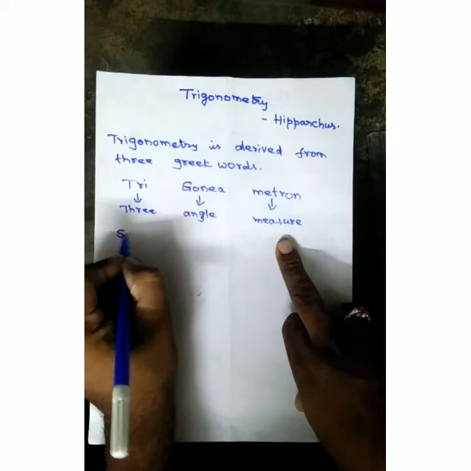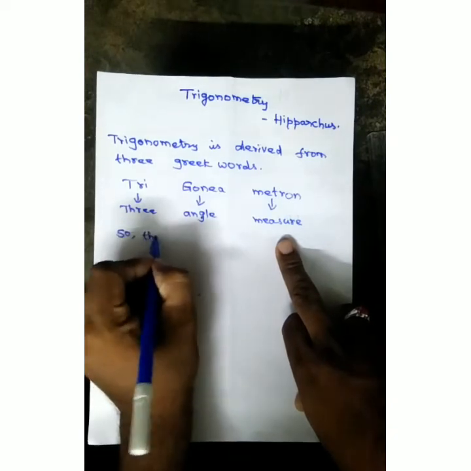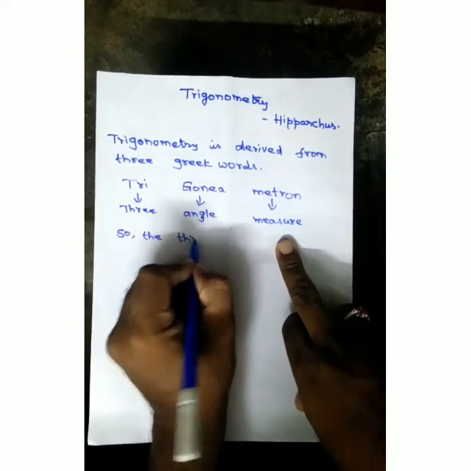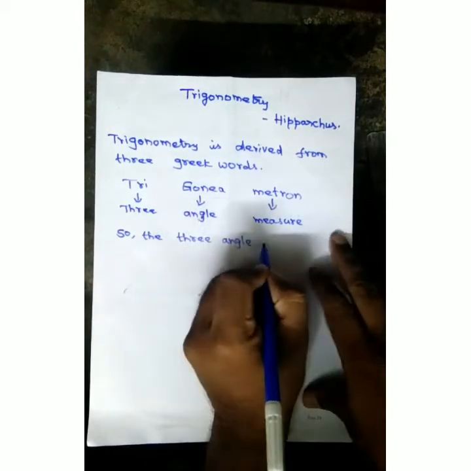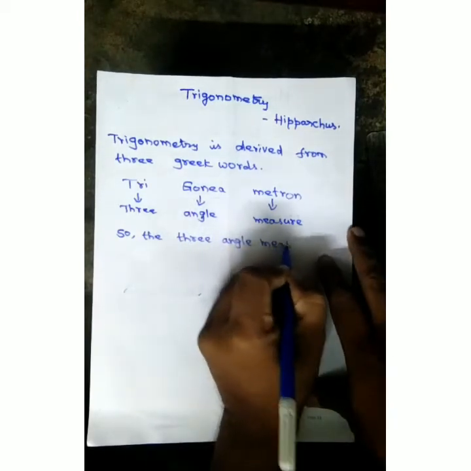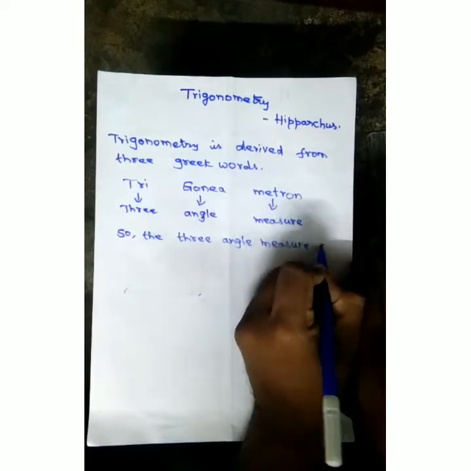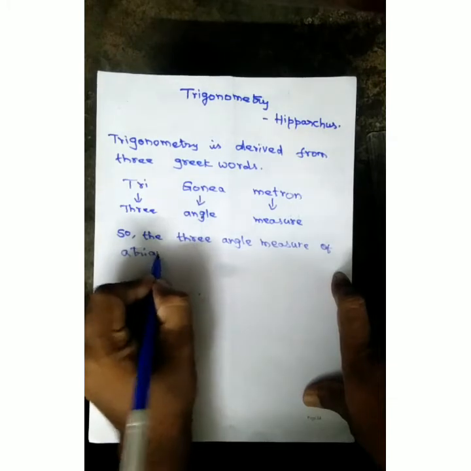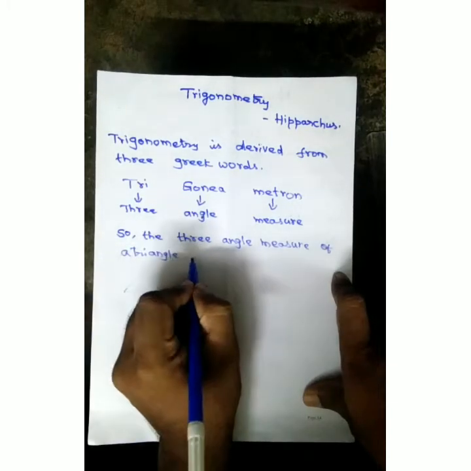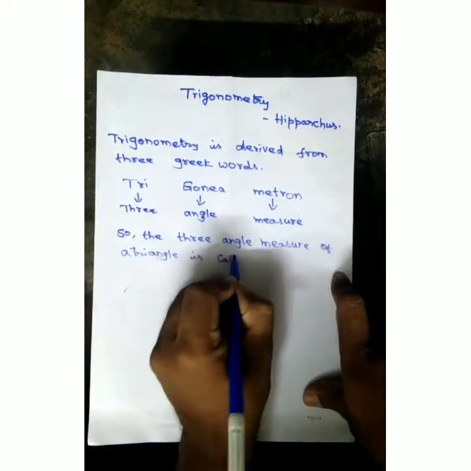So the three angle measure of a triangle is called trigonometry.